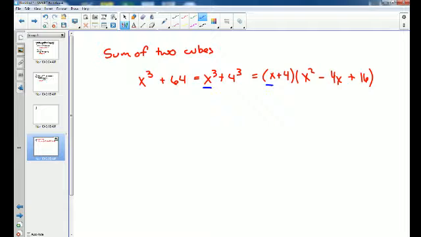It's the same structure every time. 4 goes here, and it goes here with a minus in front of it, and then this is 4 squared. See, you're just placing things in the right spot.